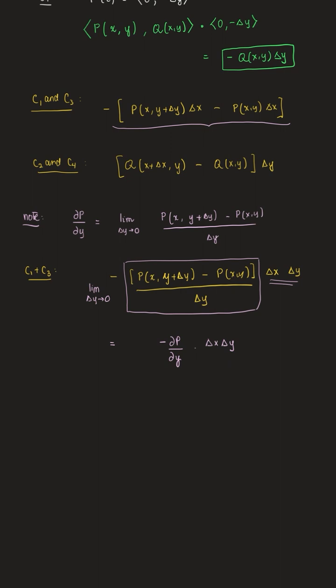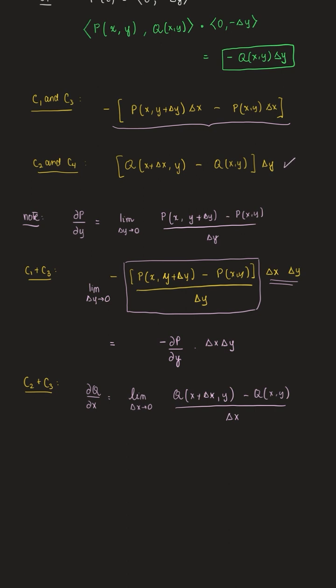And we can do the same thing with C2 and C4. We know that dq/dx would be the limit as delta x approaches 0 of q of x plus delta x, y, minus q of x, y, divided by delta x, which is what we have up here.